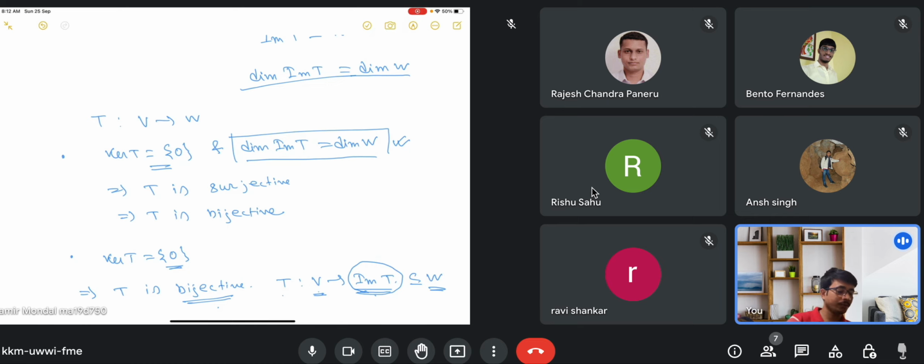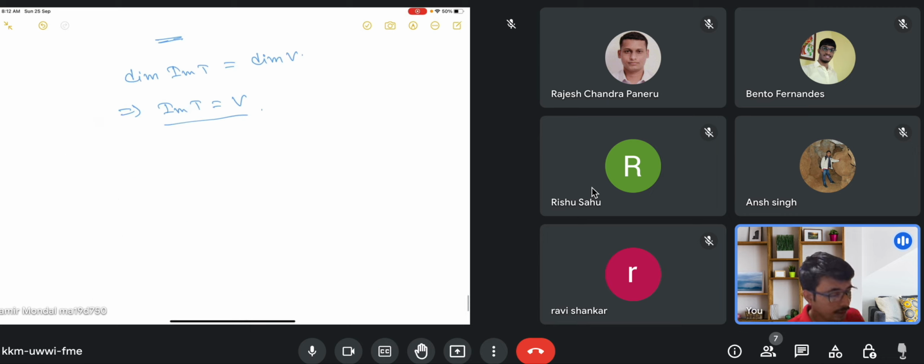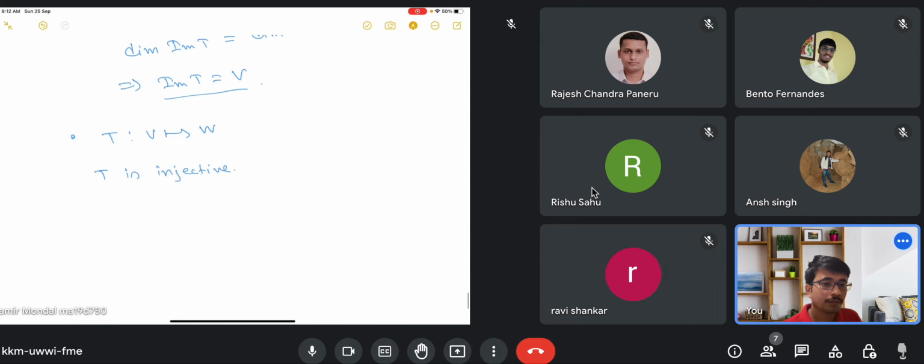I am giving one hint. Before that, when T is injective, could you guess the relation between the dimension of V and the dimension of W?